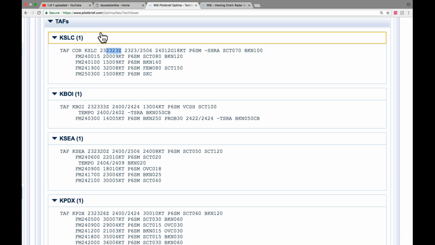Meaning they don't need an alternate, or they do need an alternate. We've got to verify that everything's good before our planes get off the ground.